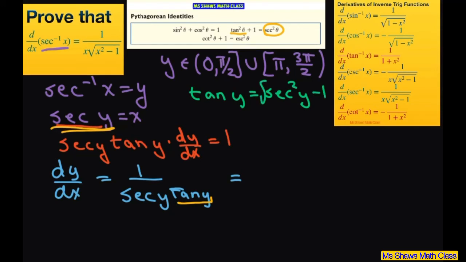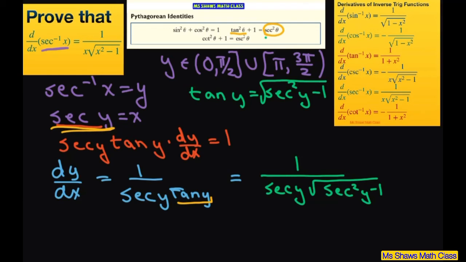And then I had to put the square root here, because I'm not doing tan squared, I'm doing just tan. So this is going to simplify to 1 divided by secant of y times the square root of secant squared of y minus 1. Now I have everything in terms of secant of y.